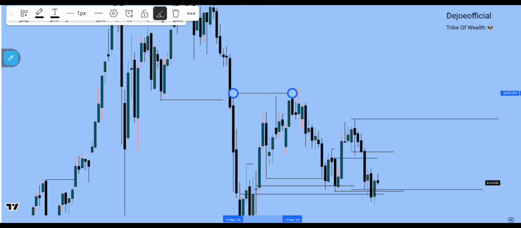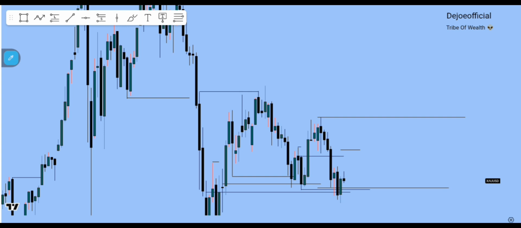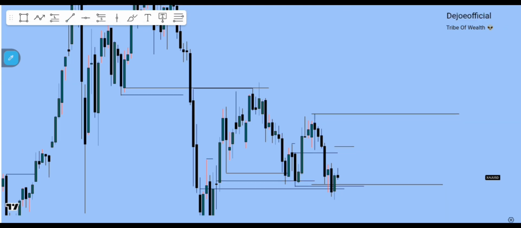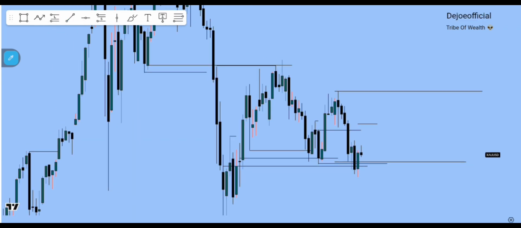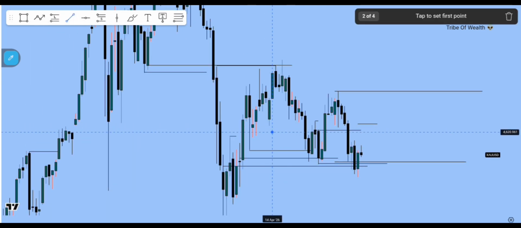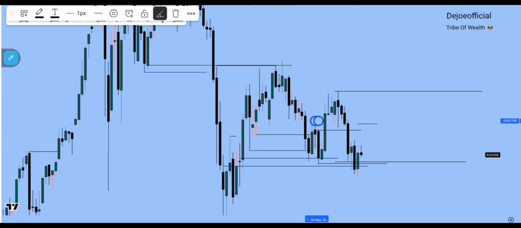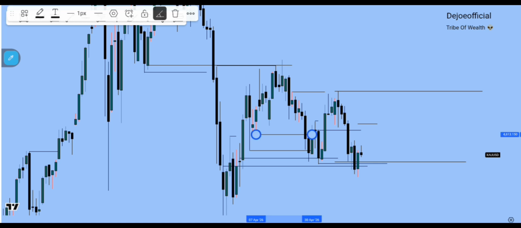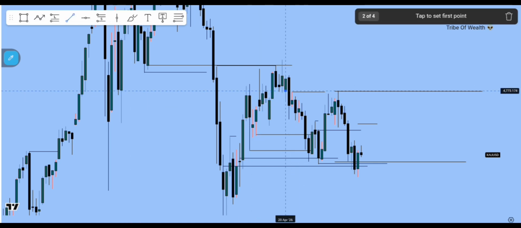And then as you can see, price actually took out this buy liquidity, then tapped into this zone. After tapping into this zone, it also gave me a market structure shift here, a liquidity here, and then took out this liquidity also and tapped into this other block here.